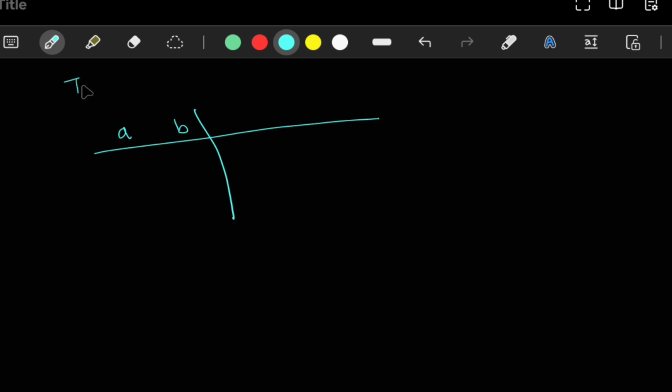so what will be the truth table? So for example, if you have two variables, first create AND, then what will be NAND? AND complement.